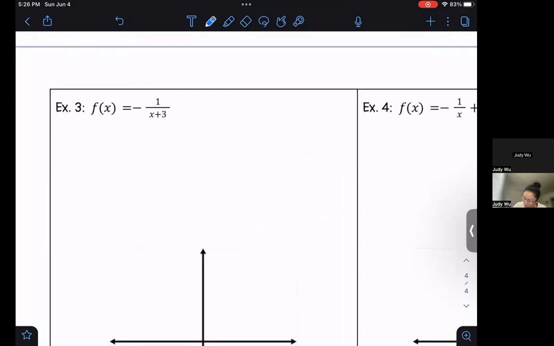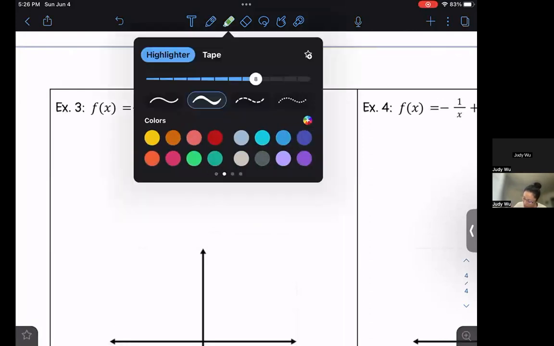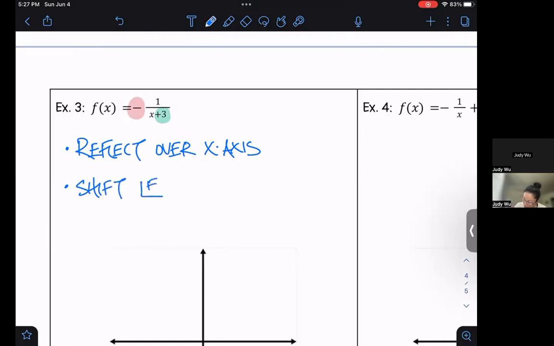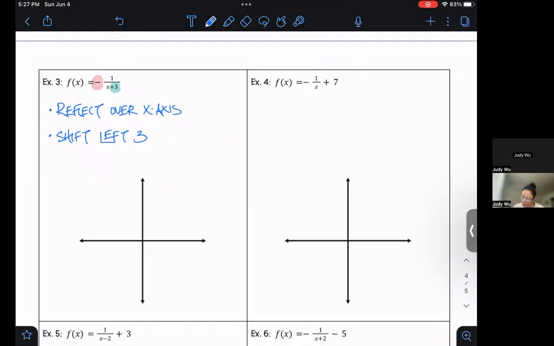What's happening here? I see a negative A and I see a C value. So for this one, I want to say reflect over the x-axis because I have the negative A. And then I also want to say shift to the left 3. Okay, so let's draw that.